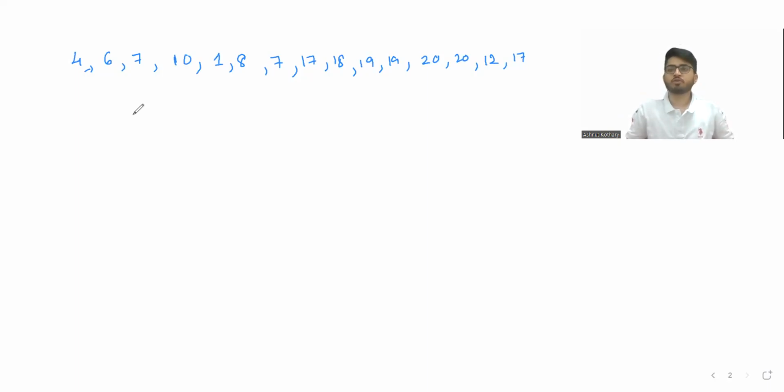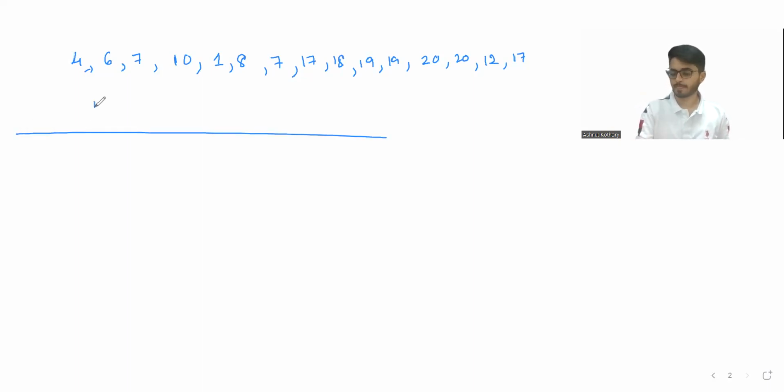If you remember, in a frequency distribution table the first column has the set of different values which my data can take. So in this case, it will be 4, 6, and 1 is also there actually.